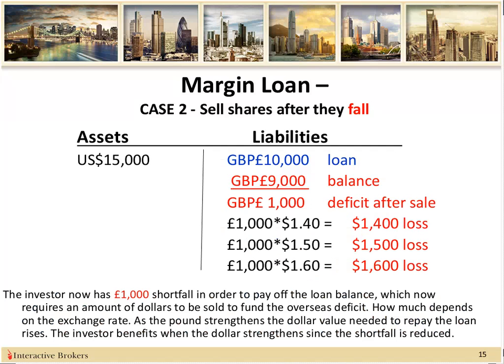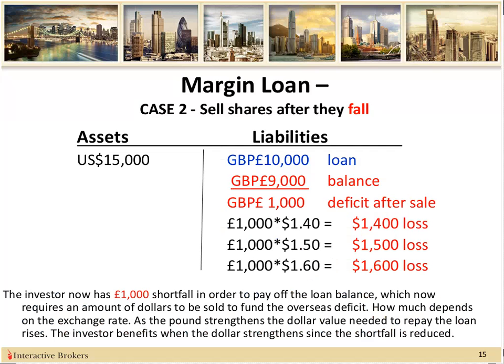The customer must now find £1,000 to repay the loan from the dollar side of his or her account, and depending on whether the exchange rate has risen or fallen, will determine the exact dollar amount needed for conversion. The customer is faced with a rising commitment in the event that the exchange rate strengthens in favor of the pound and against the dollar.